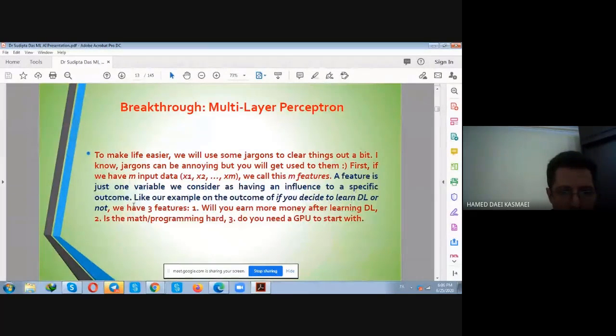Like our example on the outcome of whether you decide to learn DL or not. We have 3 features. 1, will you earn more money after learning DL? 2, is the math and programming hard? 3, do you need a GPU to start with? So there are some questions proposed about your outcome and what is attainable for you.